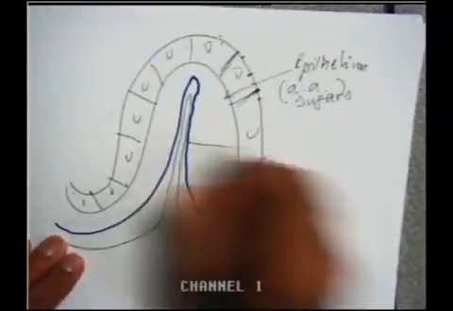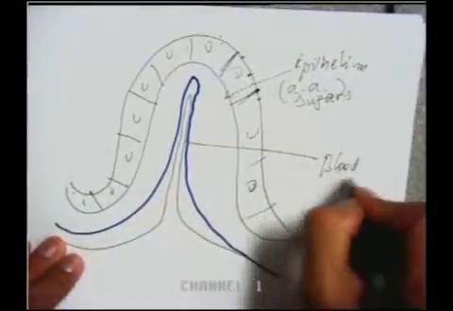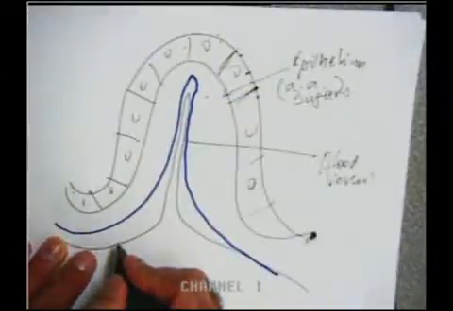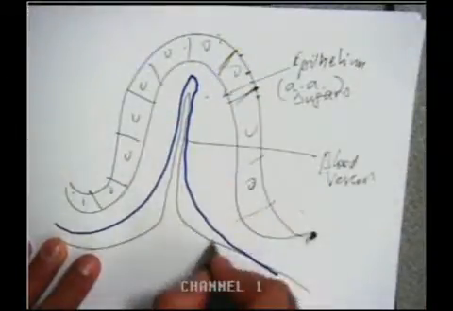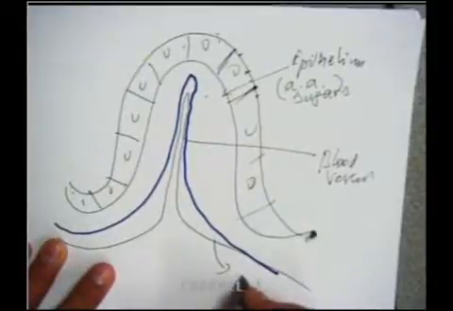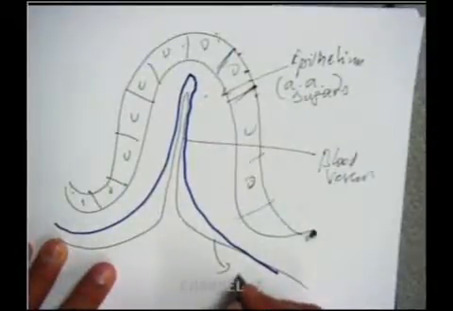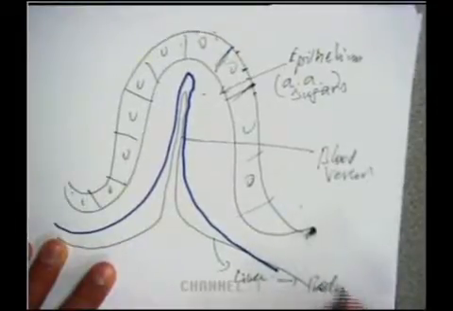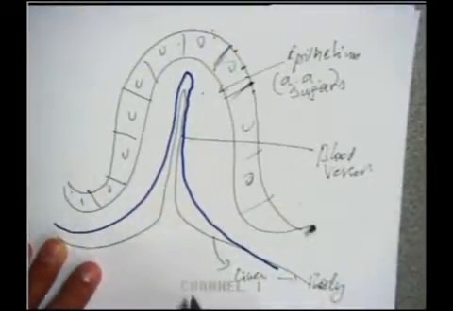And here you get the blood vessel, so it will transport into the blood vessels. And from this blood, where will this blood go? It will go through the capillaries to the liver, and then from the liver to the body. So that is the pathway.